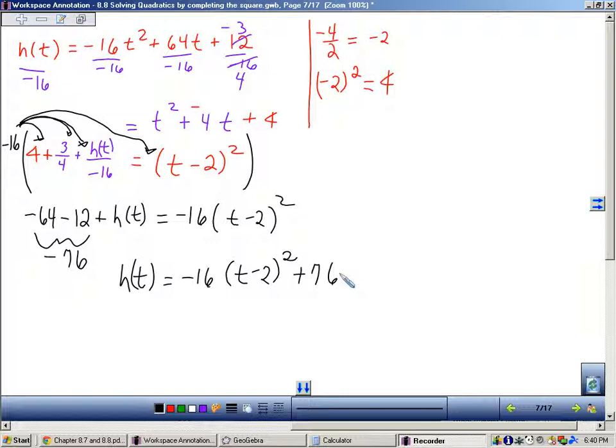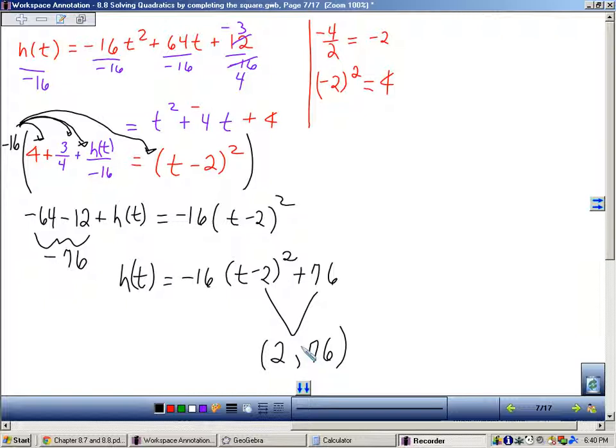This is the vertex form of your quadratic. And what that means is that the vertex of a quadratic equation, when graphed, is positive 2, comma, 76. And we haven't talked about it, but the term inside the parentheses, the constant, its sign switches.